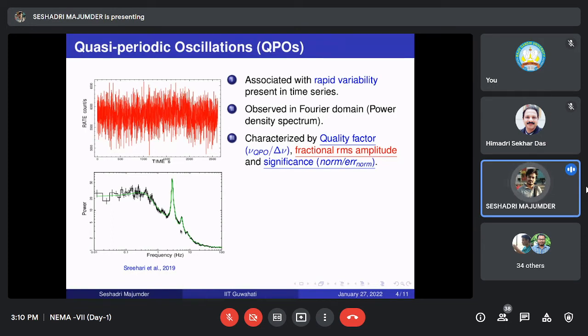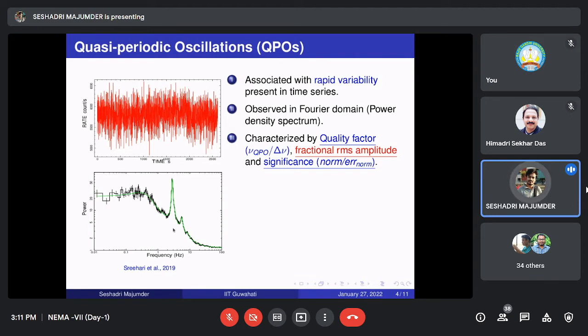In the power density spectra, these quasi-periodic oscillations can be fitted with Lorentzian profiles, and are characterized by basically three factors. One is the quality factor, which essentially tells how coherent the peak is. Second is the fractional RMS amplitude, which indicates how much power content is there with a particular detection.